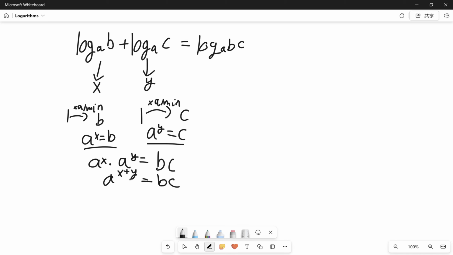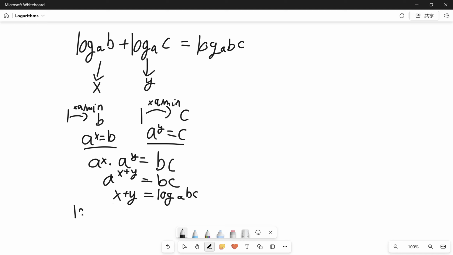How do we write this with x plus y on one side of the equation? So we want x plus y equals something. So x plus y is going to be equal to the amount of total minutes it takes to get from 1 to bc. So that's just log.